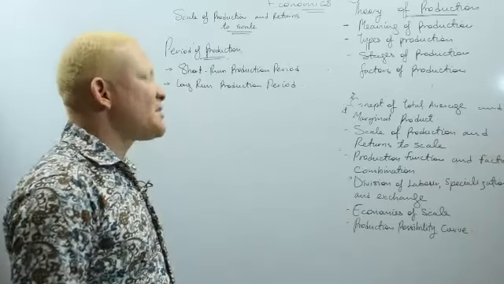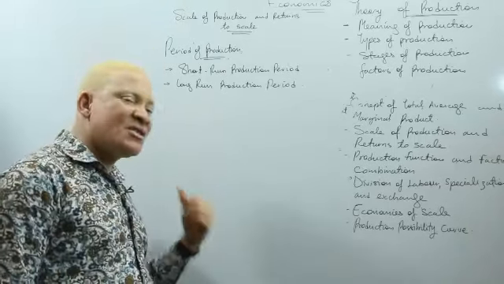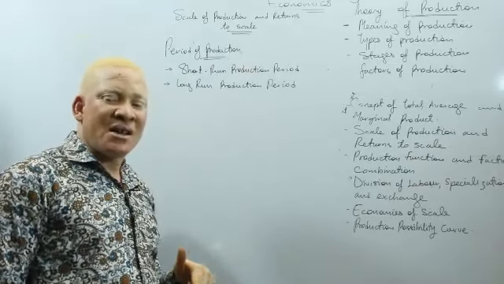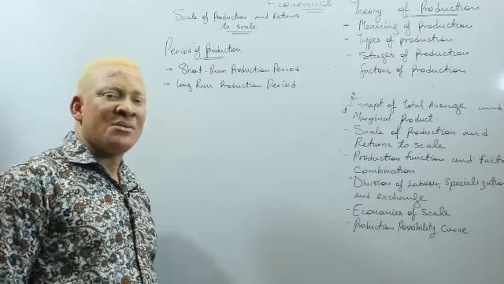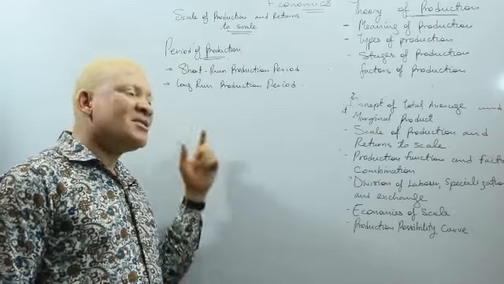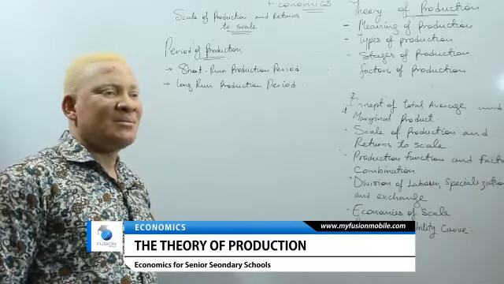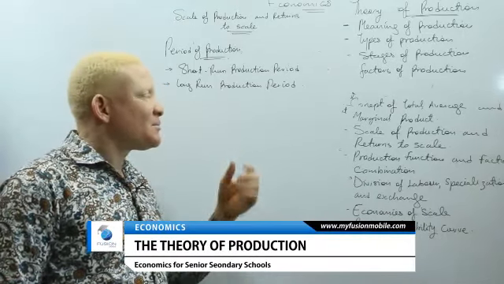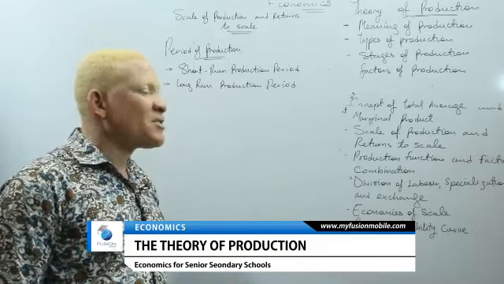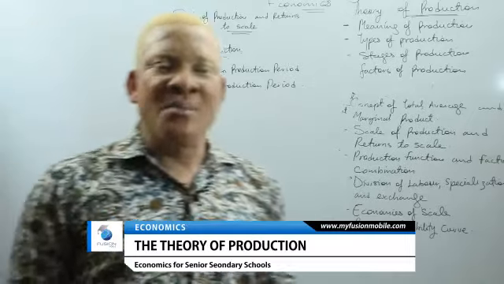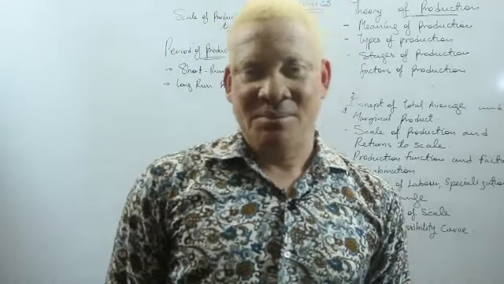Now, in such cases, it means that in the short run period, the reason for increase in the volume of output is just because of a particular input that is varied.